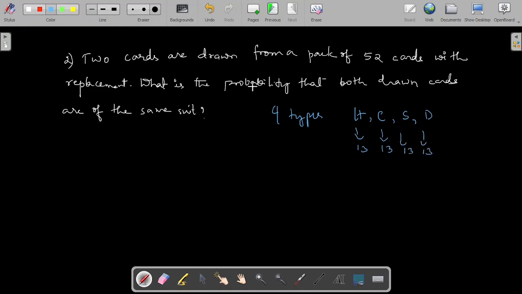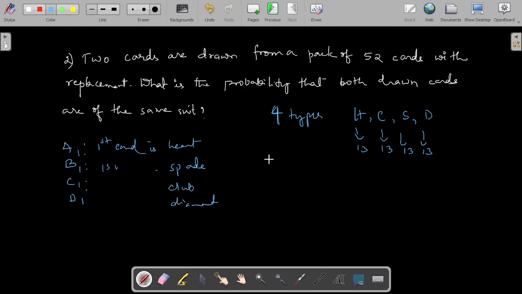So I have to define now totally 4 events, that is A, B, C, D, or you can say A1, B1, C1. The first card is heart, first card is spade, first card is club, first card is diamond.